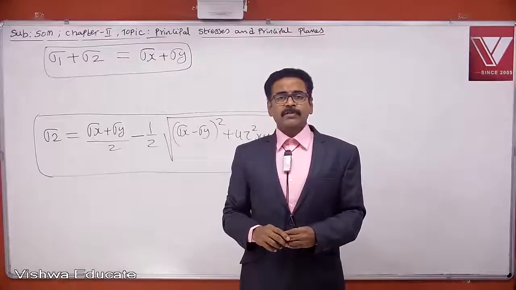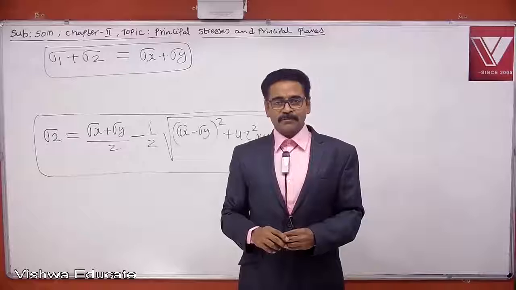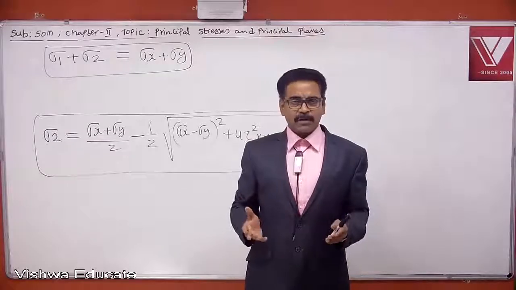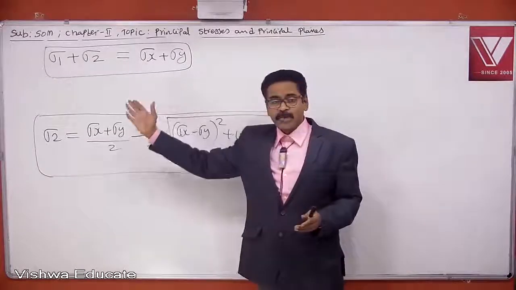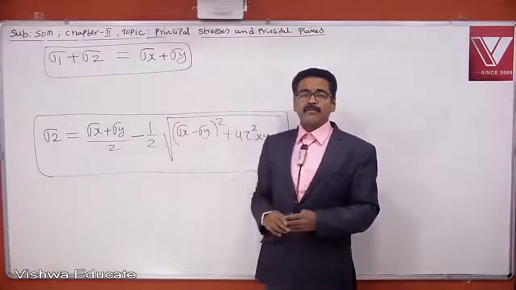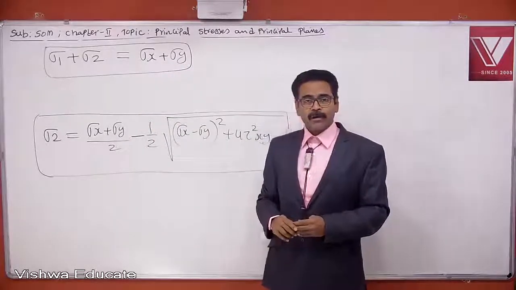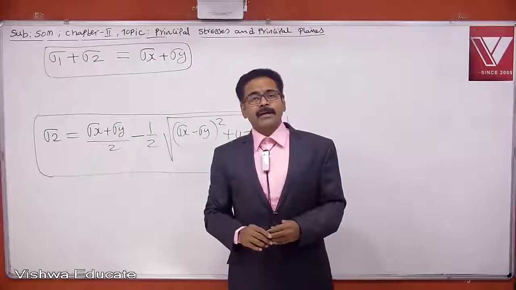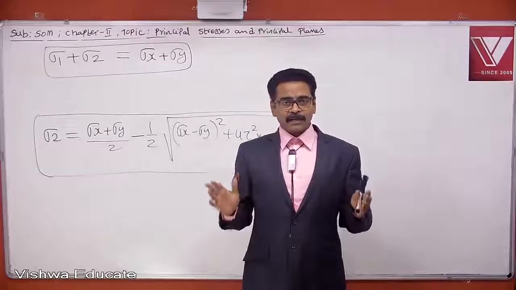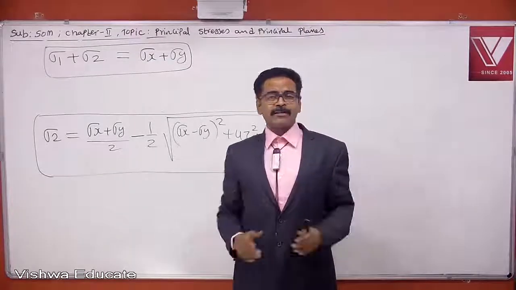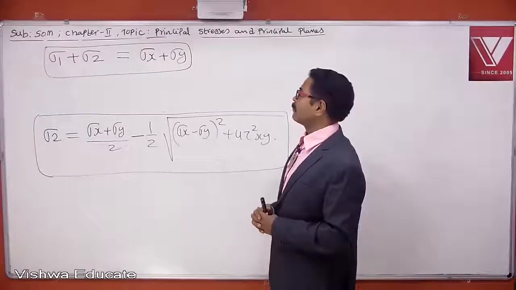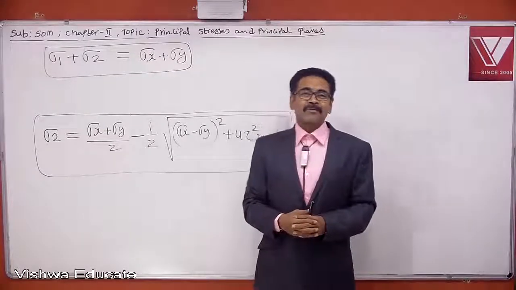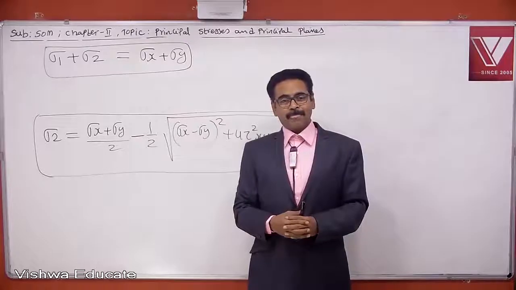They may ask you to find sigma 1 and sigma 2. Then verify whether sigma 1 plus sigma 2 is equal to sigma x plus sigma y or not. If they are equal, your answers will be correct. If they are not equal, your answers are wrong. Always sigma 1 plus sigma 2 will be equal to sigma x plus sigma y. Never forget this. Okay?